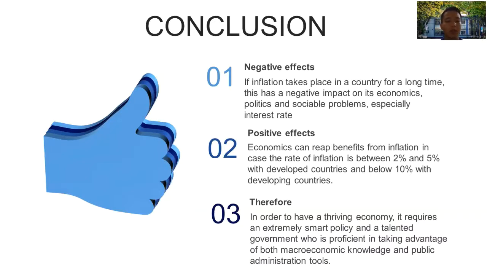Whenever money is in excess, there is more buying by consumers, due to which the cost of goods escalates. Therefore, in order to have a thriving economy, it requires an extremely smart policy and a talented government that is proficient in taking advantage of both macroeconomic knowledge and public administration tools.